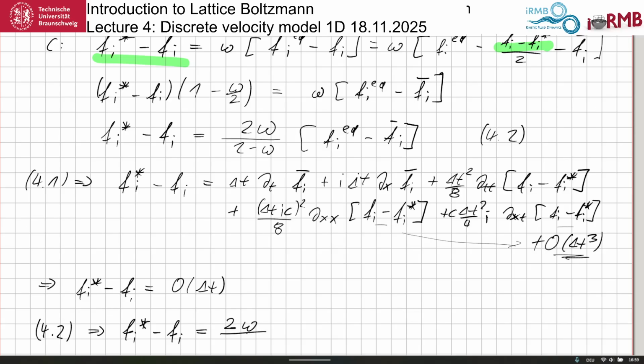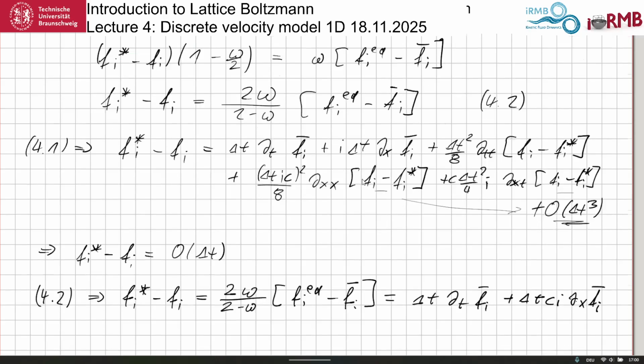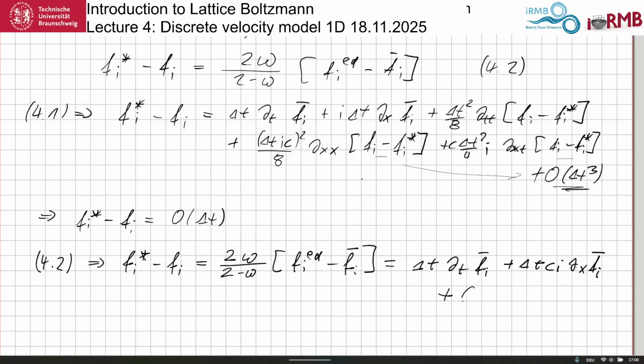Okay, let's trust u, 2 minus omega, fi eq minus fi bar, which is supposed to be delta t dt fi bar plus dt, okay, dt c times e dx fi bar, plus things of order delta t cube, right? So far, so good.